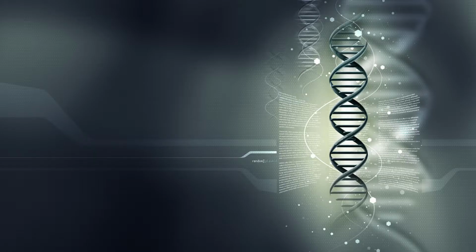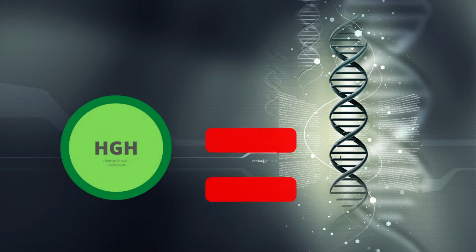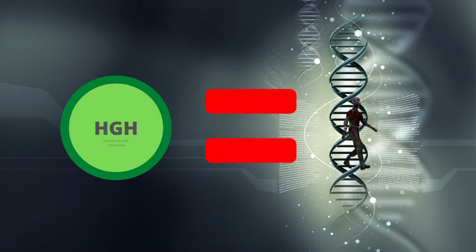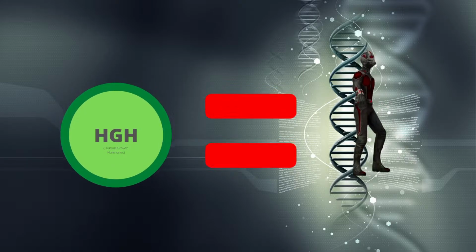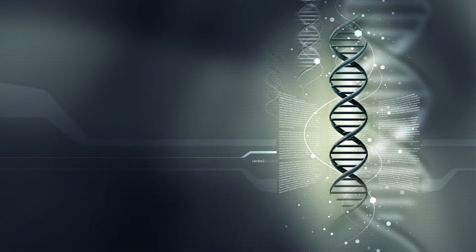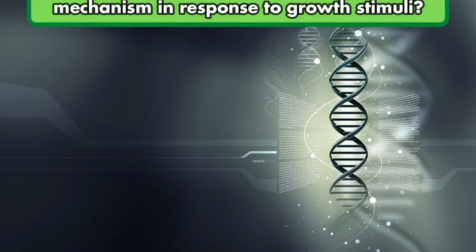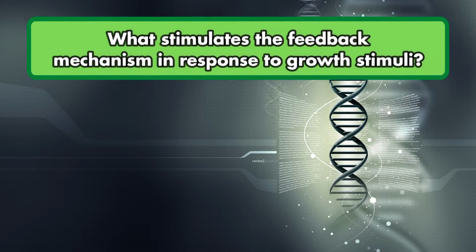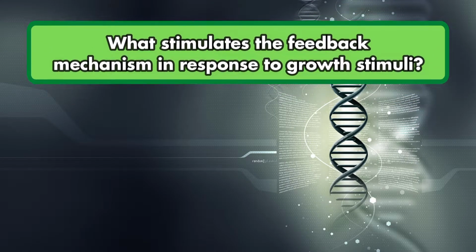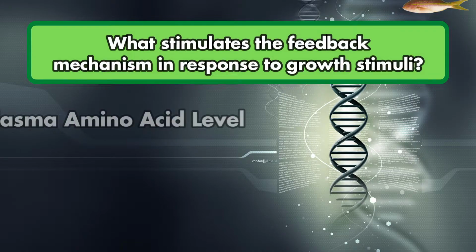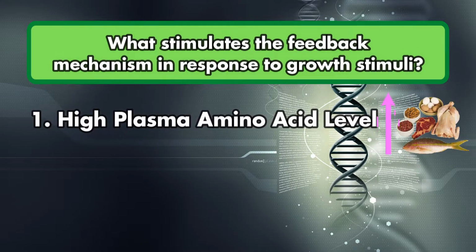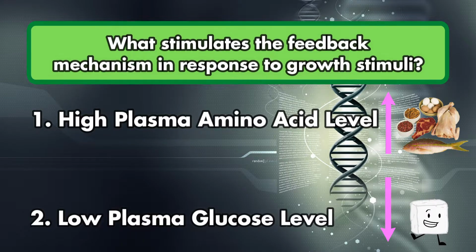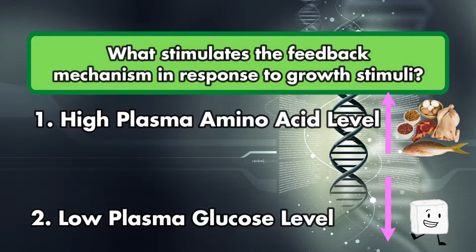Our bodies secrete growth hormones in order for us to grow. As you wonder about what stimulates this release, let's first think about what stimulates growth hormone release. So we're thinking about what could cause this system to begin. The things that stimulate growth hormone release and secretion include a high plasma amino acid level and a low plasma glucose level.